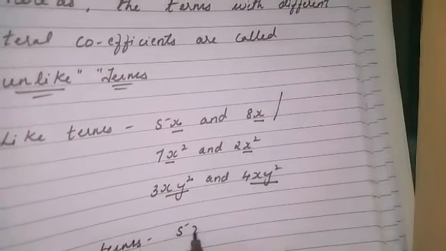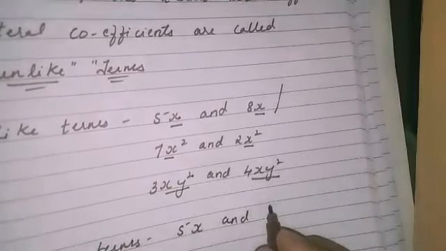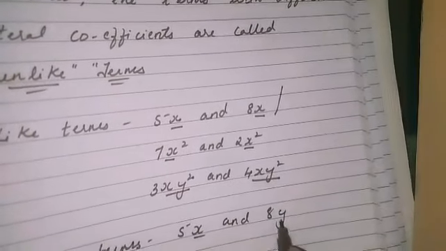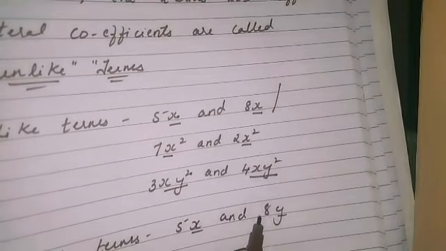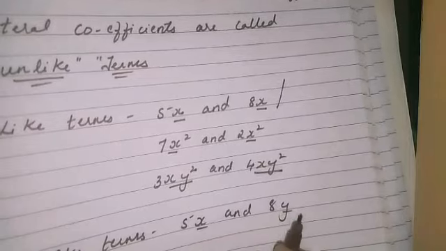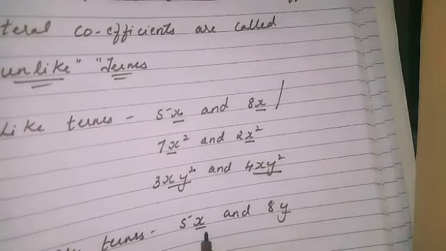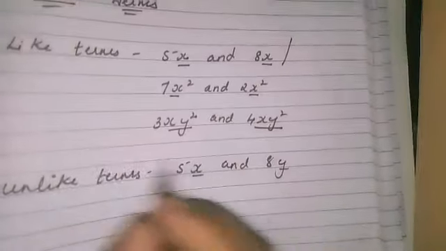I have 5x, and instead of taking 8x, I'm going to change the coefficient of 8 to y. So the coefficient of 5 is x and the coefficient of 8 is y. The literal coefficients, the alphabetic letters, are not the same. They are different. So these become unlike terms.